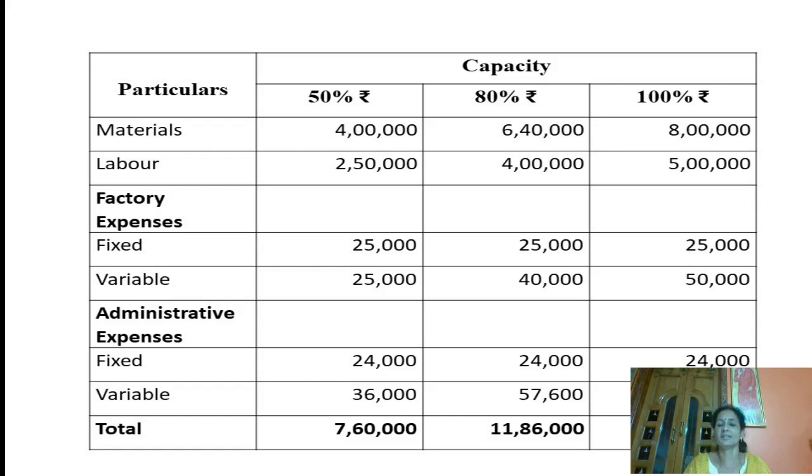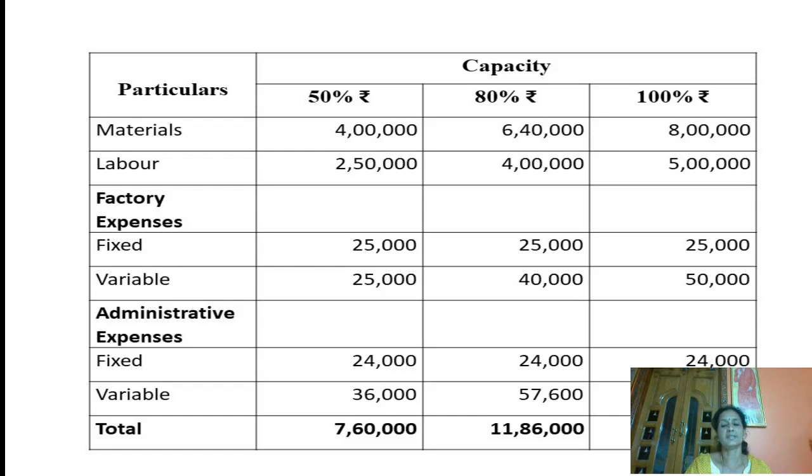So for 80% capacity, the amount you have got is 57,600. Similarly, check out for 100% also. For 100% you have taken fixed, that is 24,000. Now what you have to calculate is the variable. How are we going to calculate variable? For 50%, the cost is 36,000.